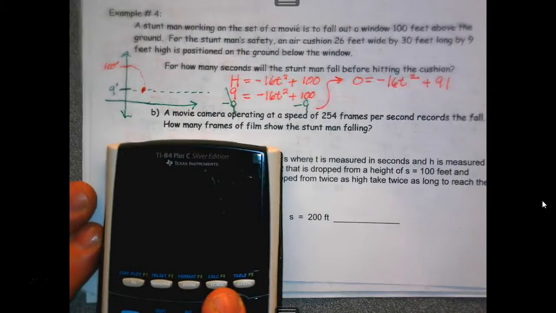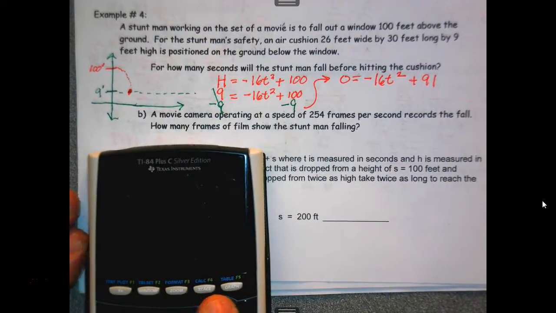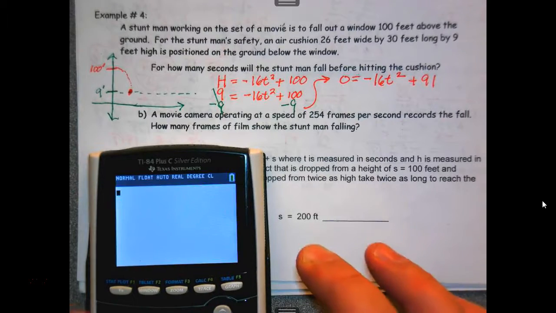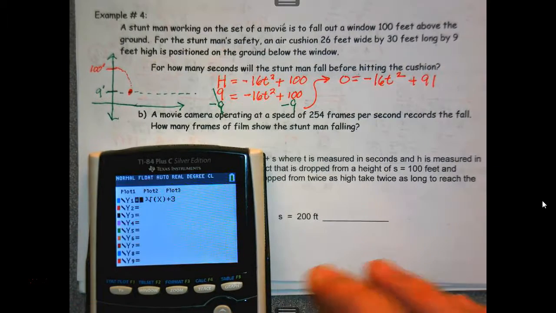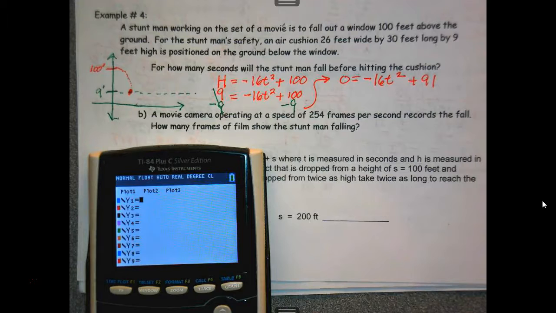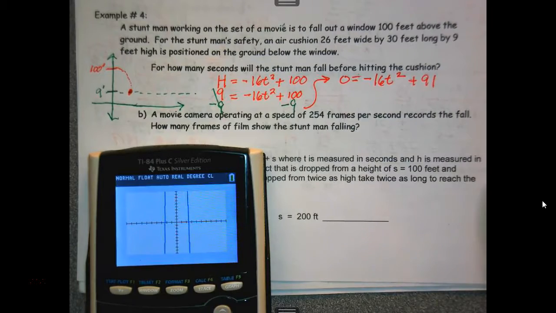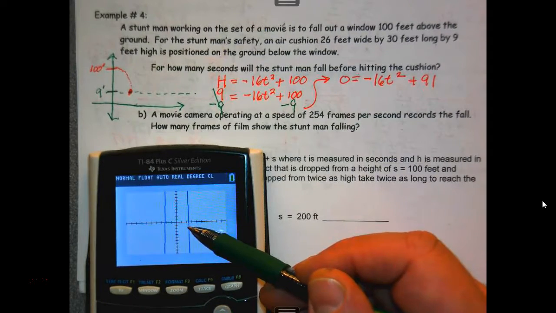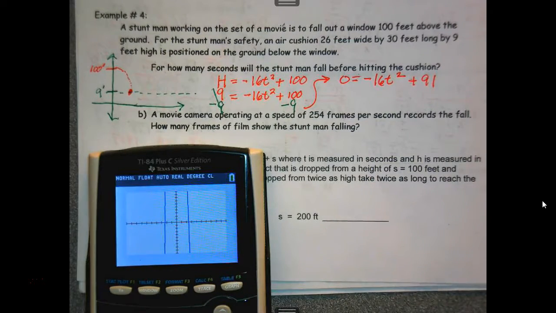Now I'm going to shove that in my calculator. Negative 16x squared plus 91. I'm going to graph that, and I'm looking for the x-intercept. I think I can do this without messing with my window.